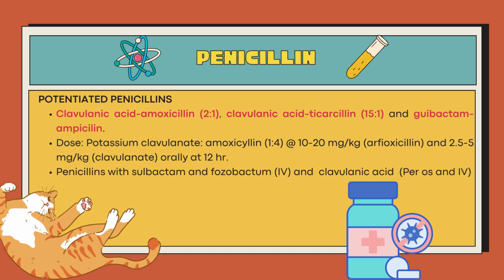The dose of potassium clavulanate and amoxicillin at 1:4 ratio is 10 to 20 milligrams per kilogram amoxicillin and 2.5 to 5 milligrams per kilogram clavulanate orally at 12 hours. Note that penicillins with sulbactam and tazobactam are administered intravenously, whereas those with clavulanic acid are administered orally or intravenously.